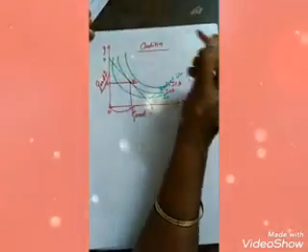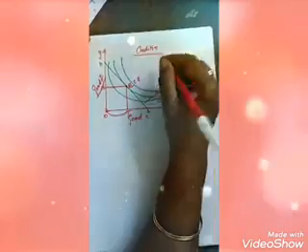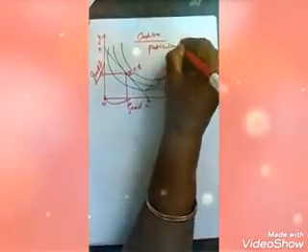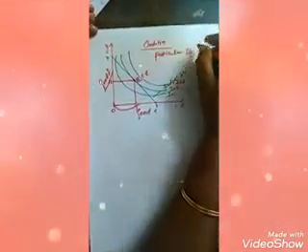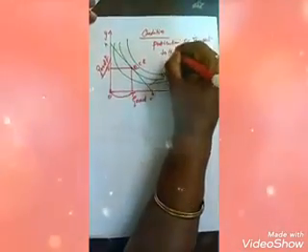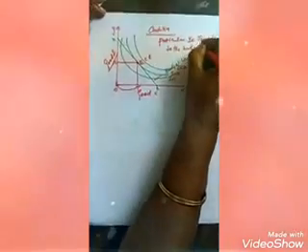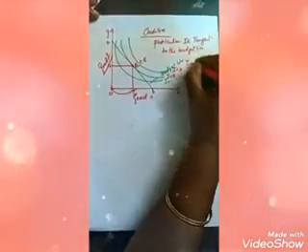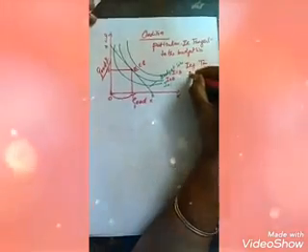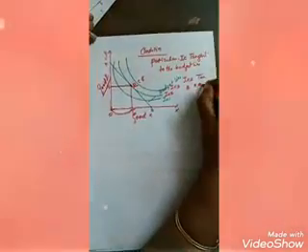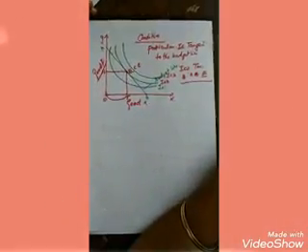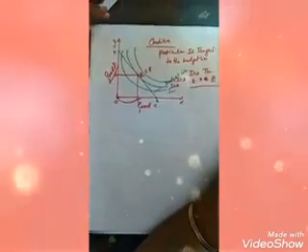In order to get consumer equilibrium, the particular IC curve must be tangent to the budget line. Here IC2 is tangent to the budget line AB at point E, and the consumer is in equilibrium. Children, it's a very important question. Study well. Thank you.